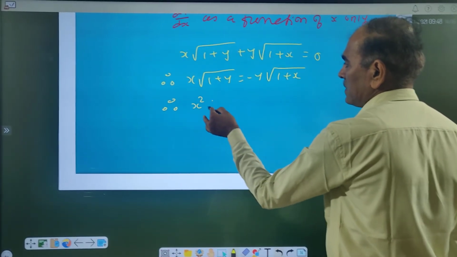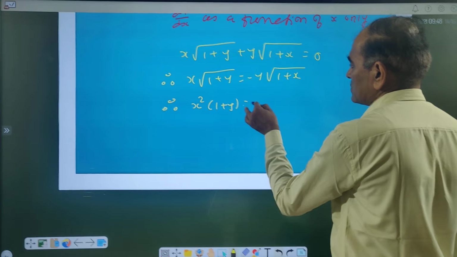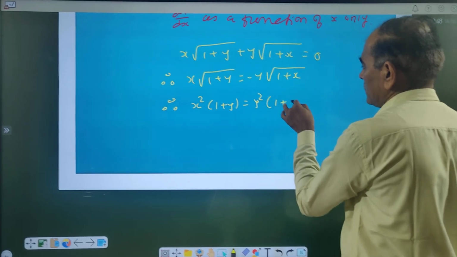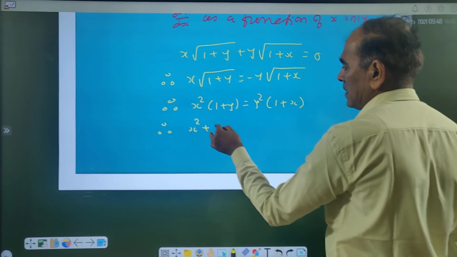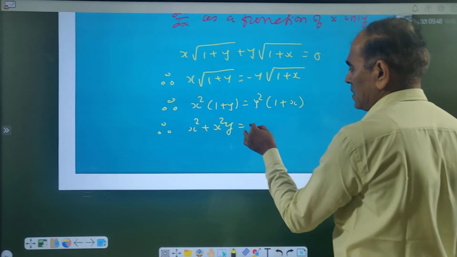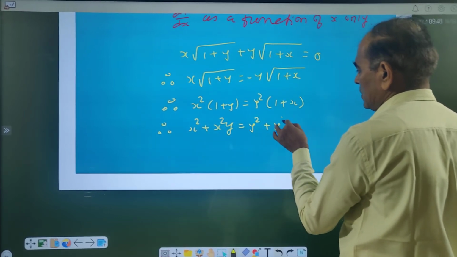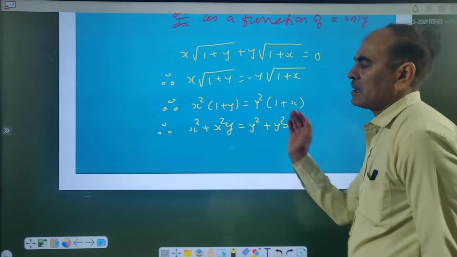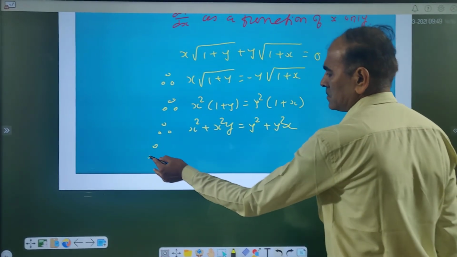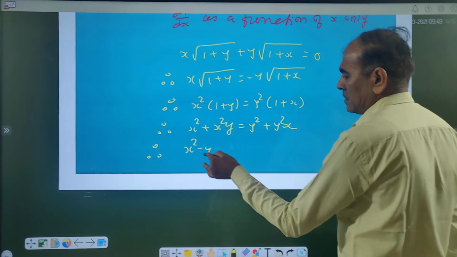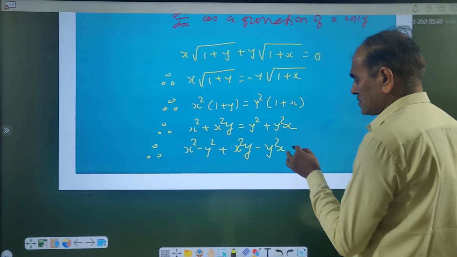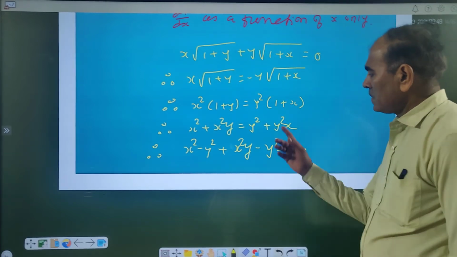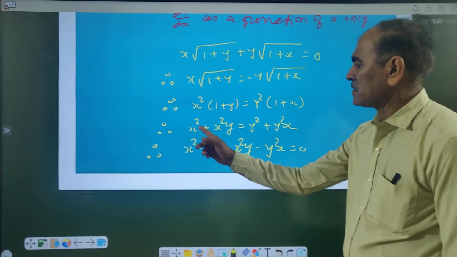To remove the square root, square on both sides. And therefore we get x square plus x square y is equal to y square plus y square x. Take it on the left hand side and write it in a manner: x square minus y square plus x square y minus y square x is equal to 0. Can I write it?